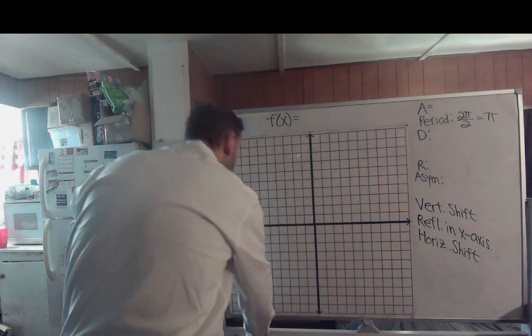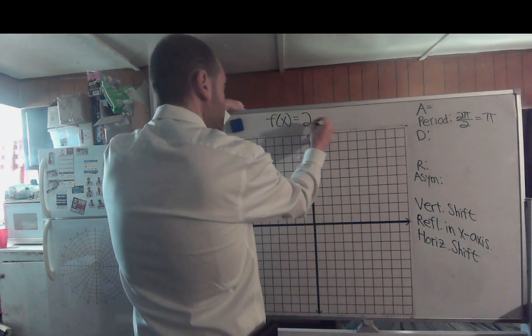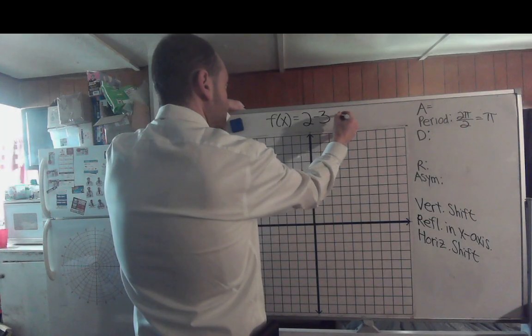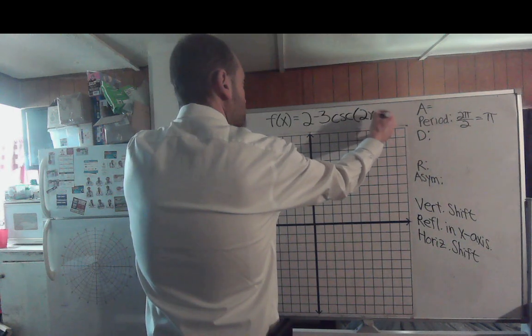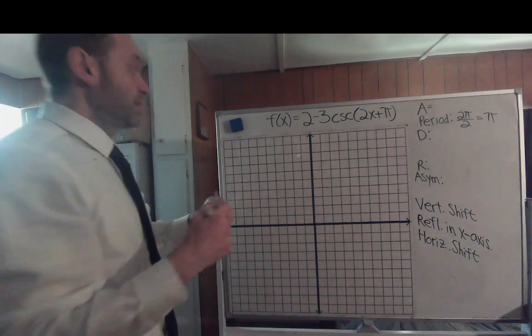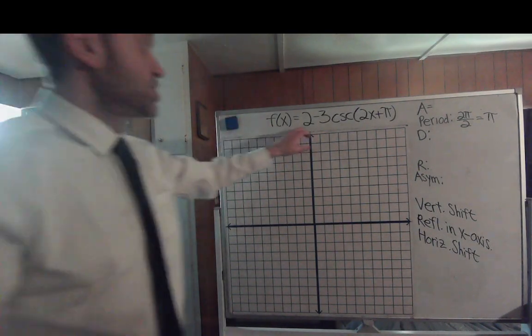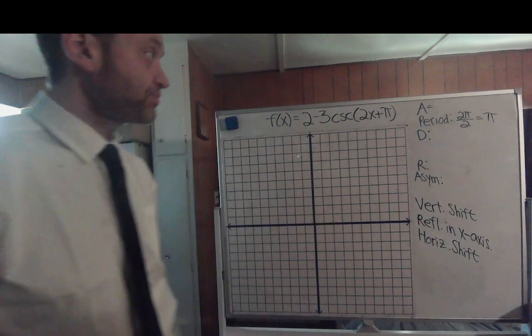So f of x equals 2 minus 3 times the cosecant of 2x plus pi. So here it is. f of x equals 2 minus 3 cosecant of 2x plus pi.